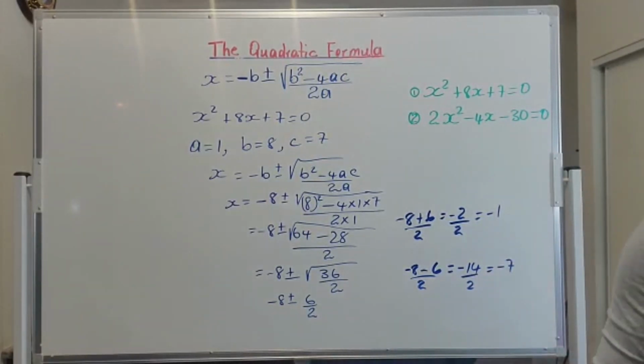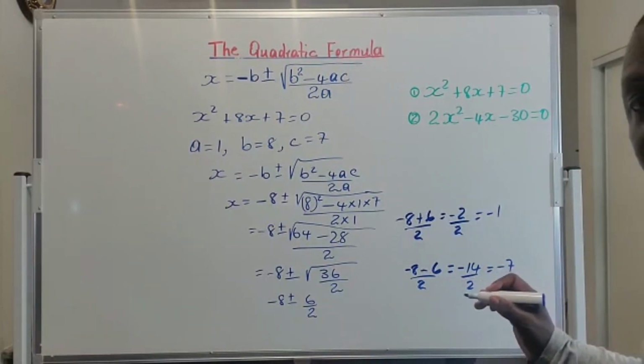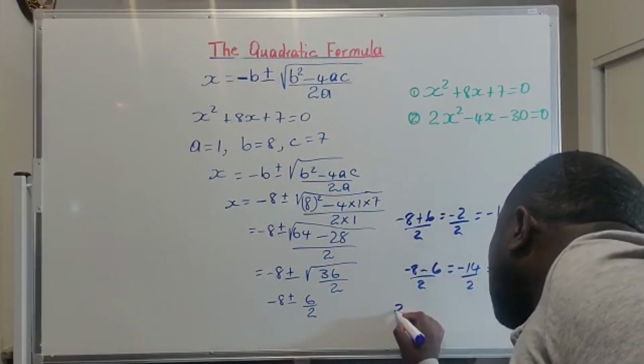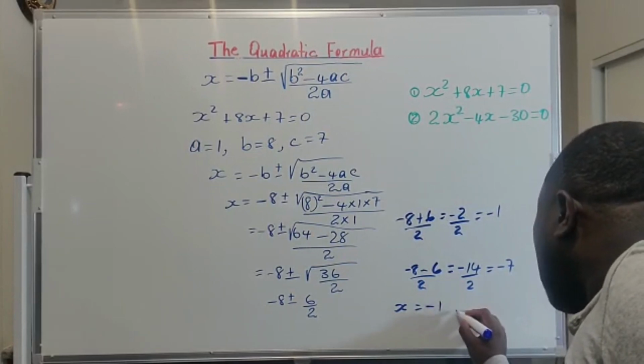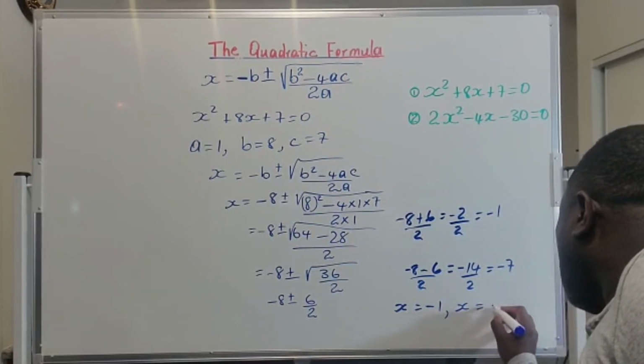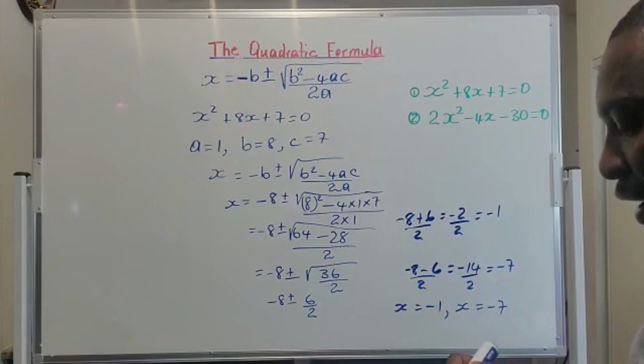Take a closer look at what we are doing, guys. So that will now be a negative 7. What we are saying here is that the value for x is equal to negative 1, and x is also equal to negative 7.